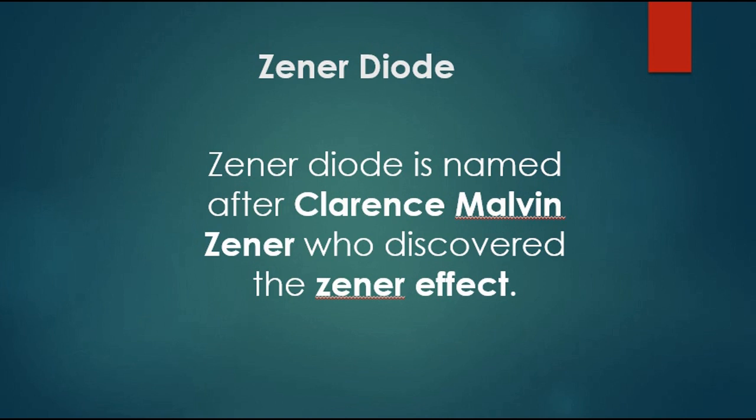It was initially called the Zener effect. Now it has been transformed to be called Zener diode, and that was how the discovery of the Zener diode came into existence. So that is how it was discovered by Clarence Mervyn Zener, and it was named after the man that discovered it.